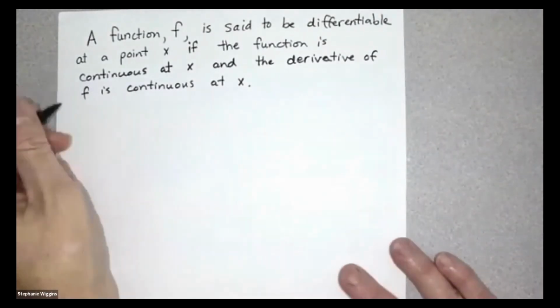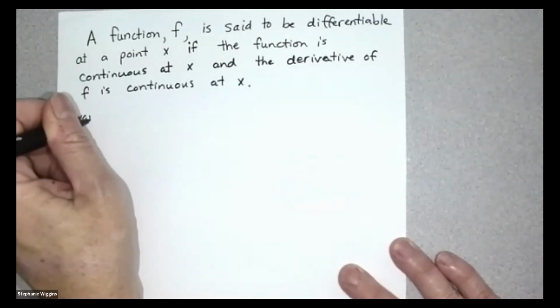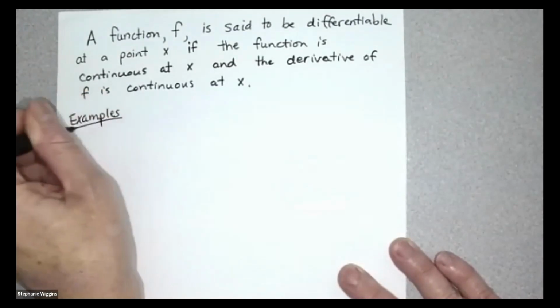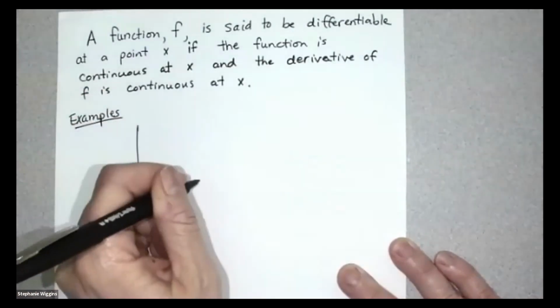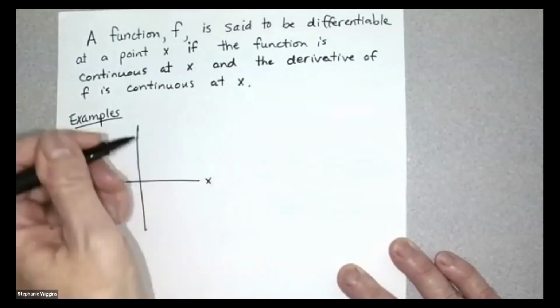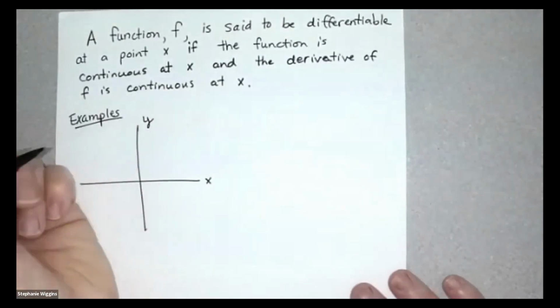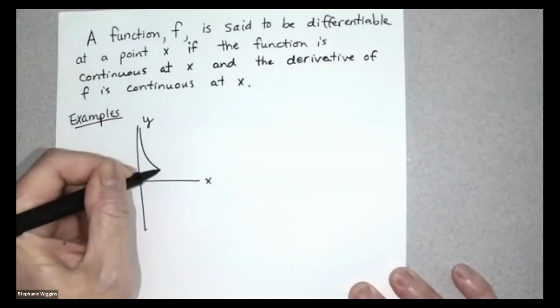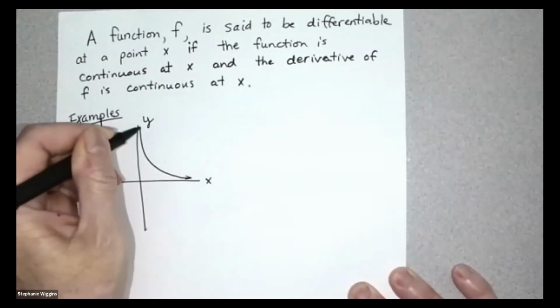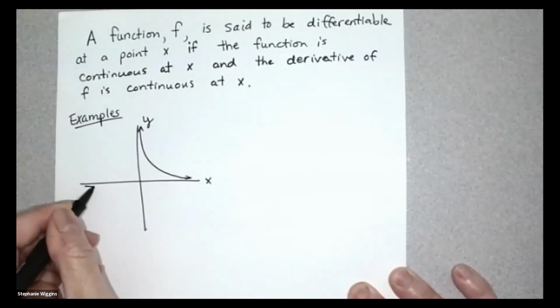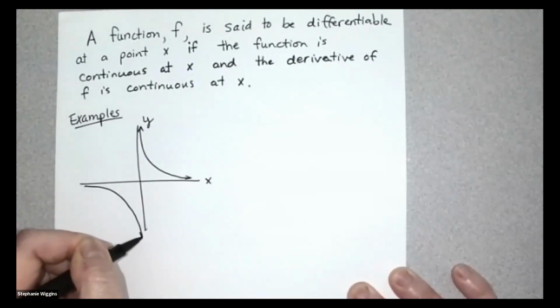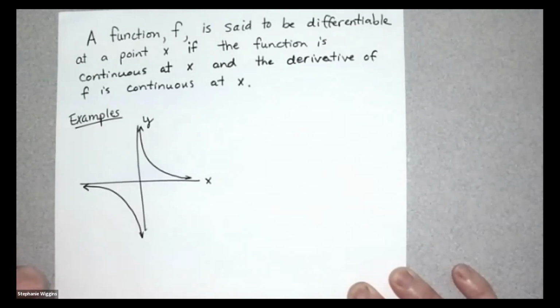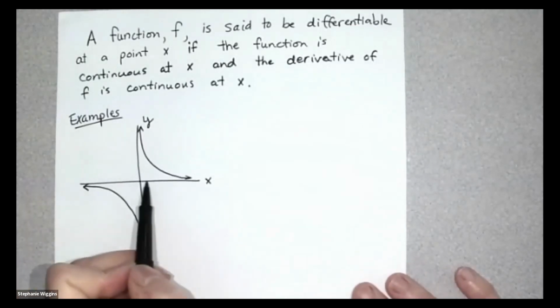Here we have a function, it's a hyperbola, and notice the curves for this function are smooth. Okay, so that's not a problem. However, there's a break at x equals 0.